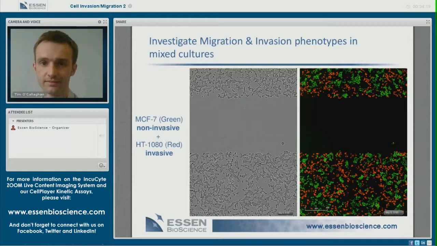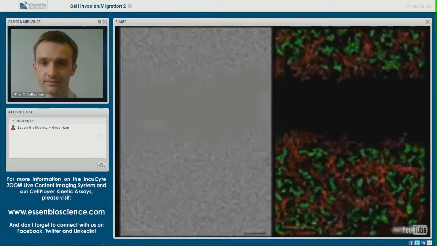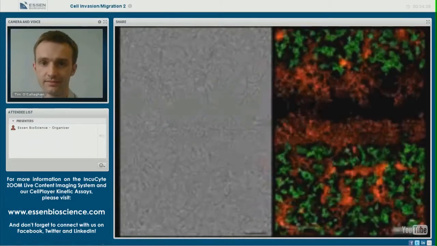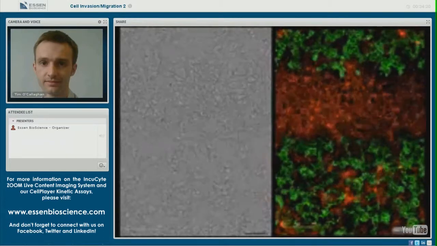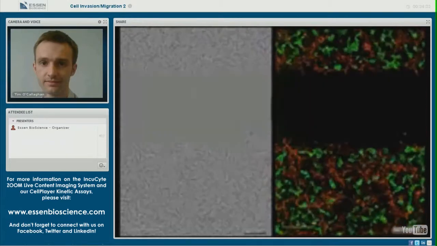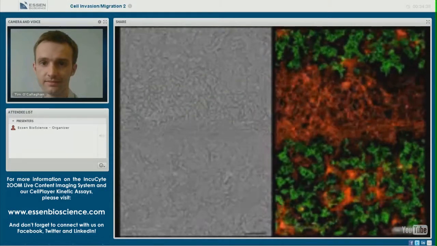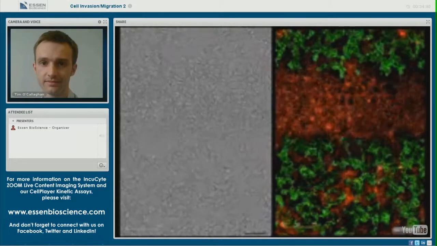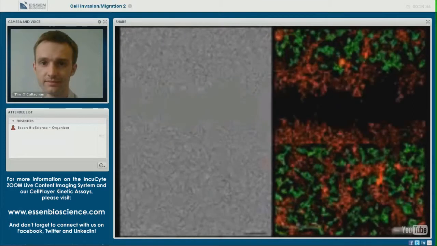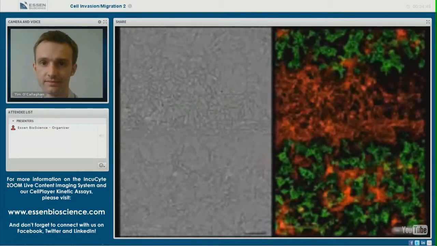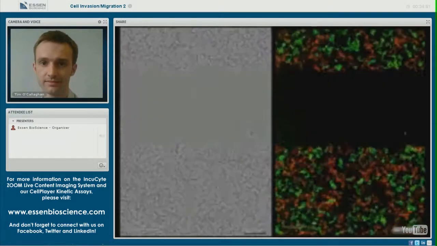From the phase contrast images, we can see that it's very hard to discern the different behaviors that each cell type shows over the course of the assay. However, in the fluorescence channels, we can see quite clearly that only the red HT1080 cells move into the extracellular matrix to repopulate the wound, and the MCF7 cells remain non-invasive over the course of the assay.